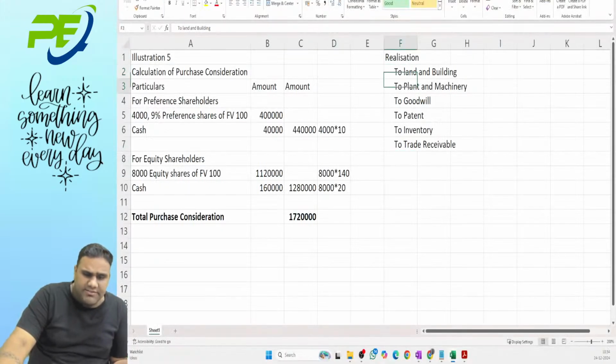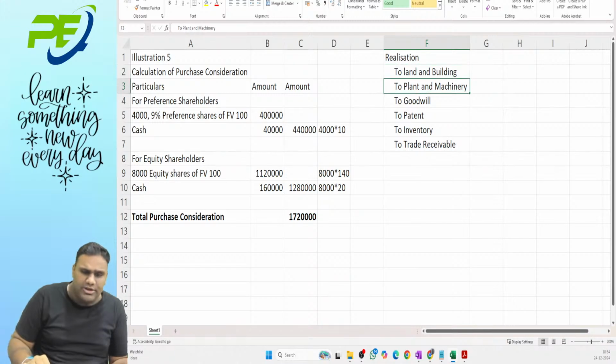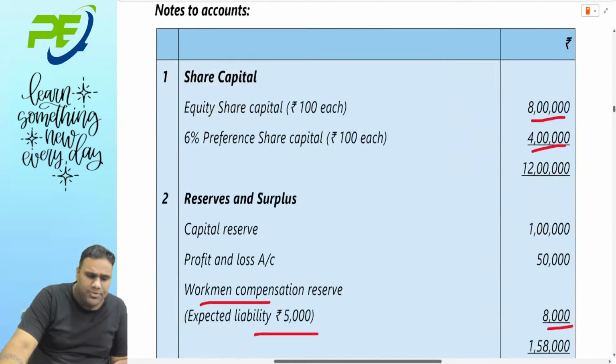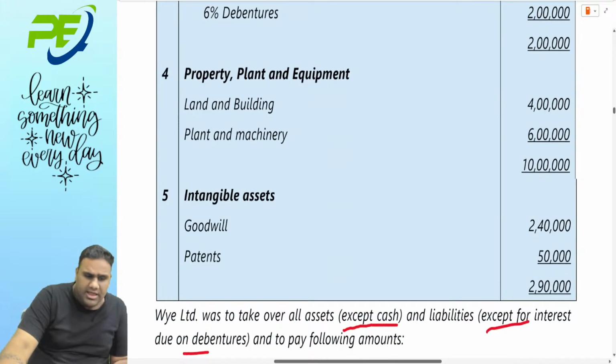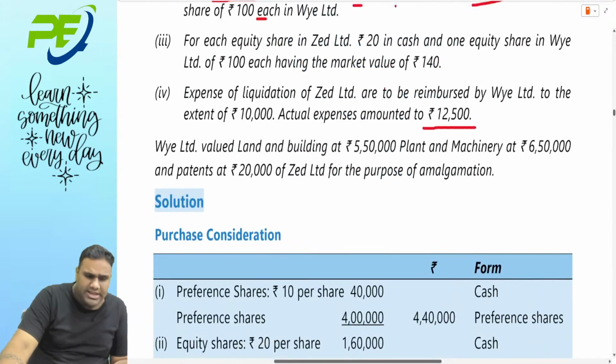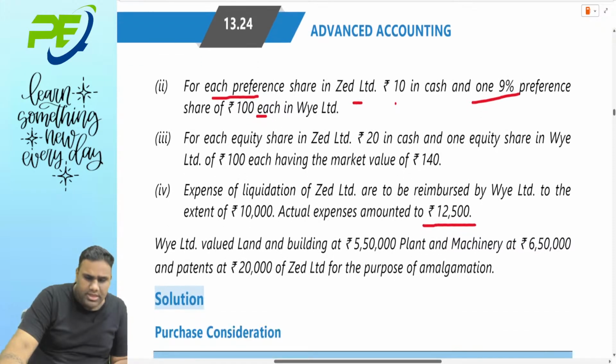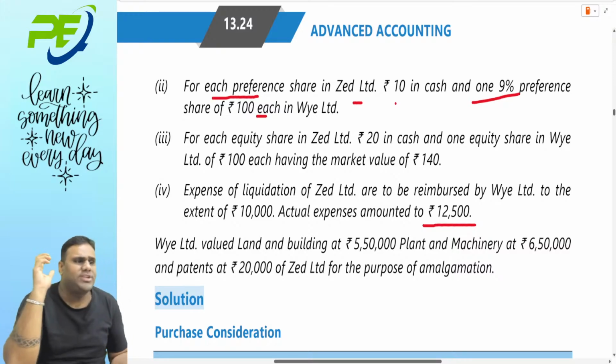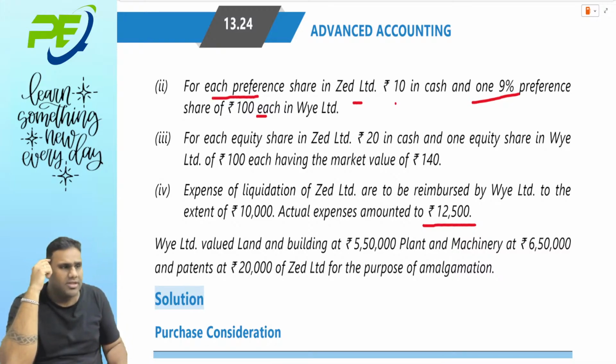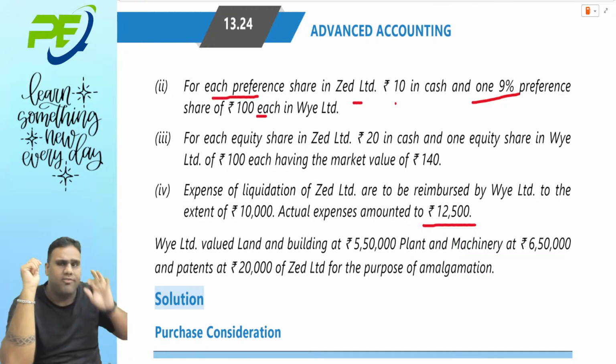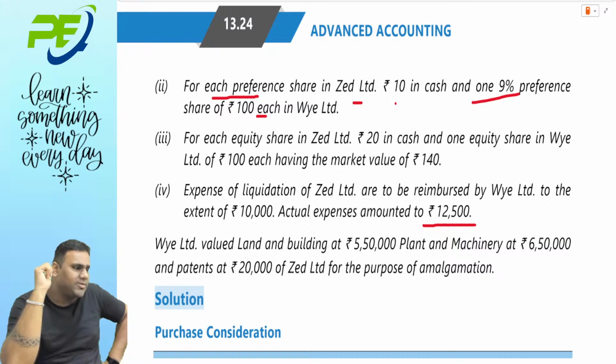Now, the realization figure we can post only towards the end, after we calculate all the credits. Now, for land and building, should I take 4 lakh, 6 lakh, or should I take 550 and 650? All these doubts will come in the exam. So go to your summary notes, point number 6.